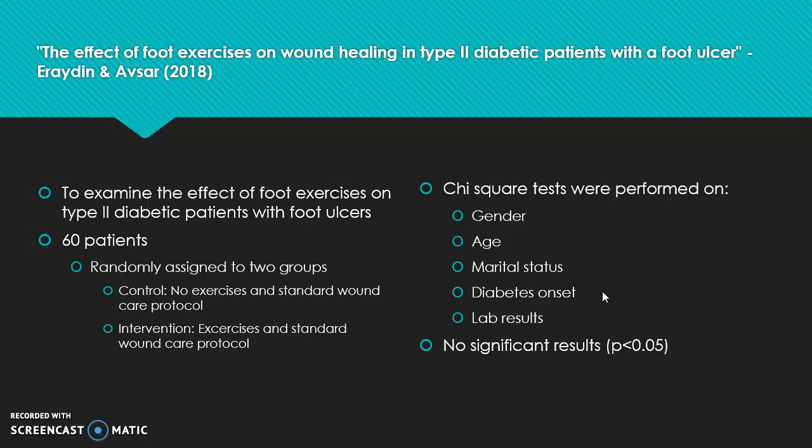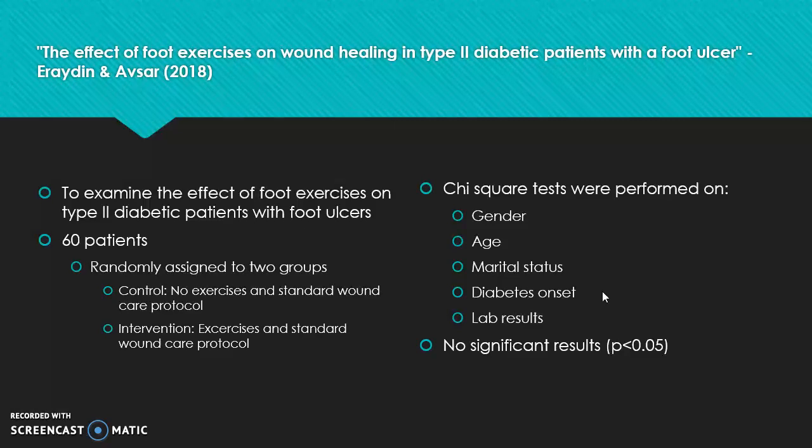However, there were no significant results. So that means that none of the results were less than 0.05, or 0.05 or less. So there were no statistically significant results in this study, which was kind of unfortunate because I was curious to see if any of these things impacted diabetic patients with foot ulcers.